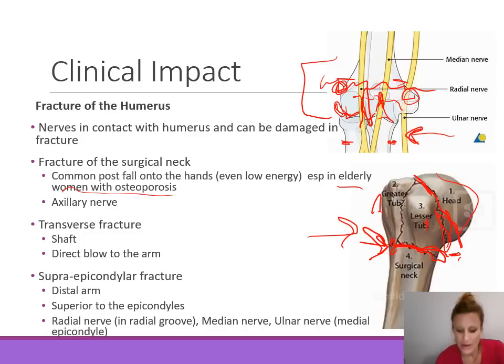The radial nerve, again, comes through in the radial groove right here. So a fracture above the lateral epicondyle would possibly damage the radial nerve. A fracture above the medial epicondyle is likely to damage the ulnar nerve.